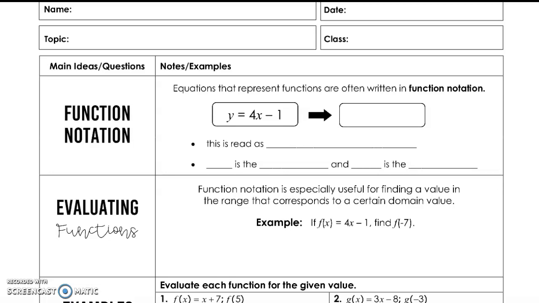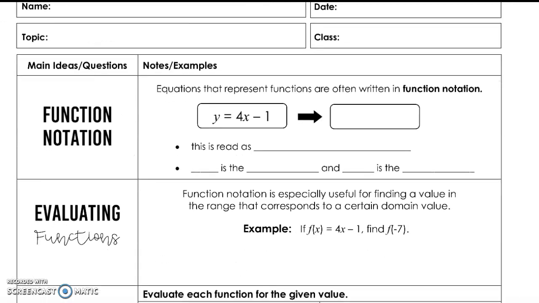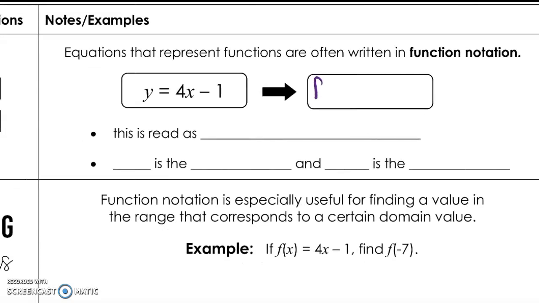Instead of using y equals, we do something called function notation. So all we will be doing is replacing the y with this notation, an f, and then parentheses, x equals, and then we put the same thing, 4x minus 1. So the only thing you are doing is changing the y to f of x, f with the parentheses and x.